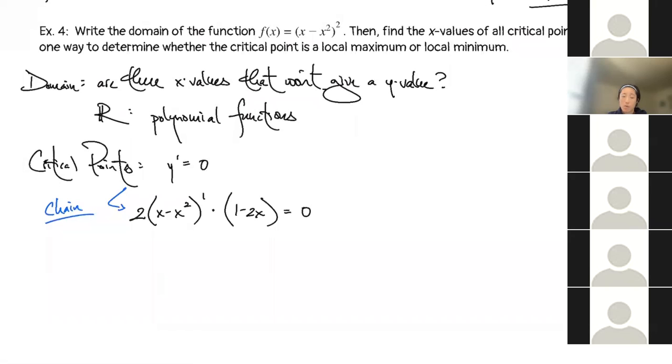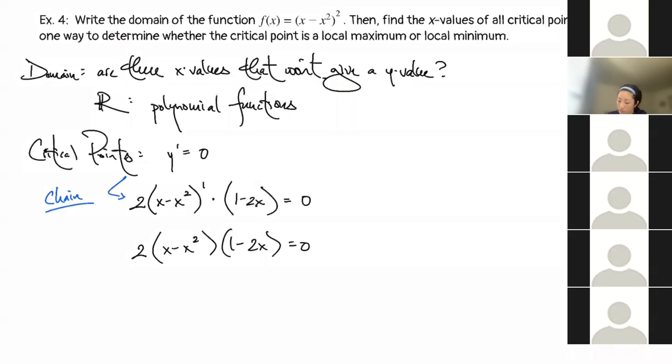Now we want to see when this equals 0. So it is actually the most beautiful thing in the world that it's already in factors. Check this out. 2 times (x minus x squared) times (1 minus 2x) equals 0. Everything is multiplied together, so one of those things has to equal 0. If you look at this problem and you start foiling out, you're just going to make a mess for yourself.